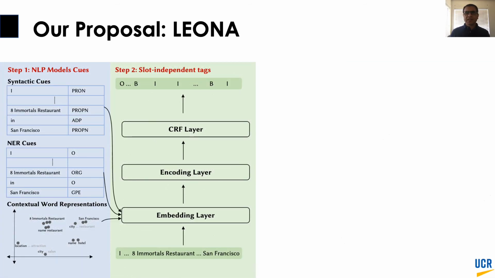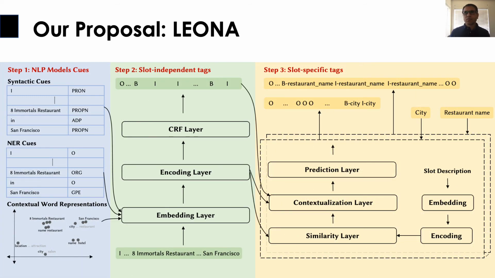To summarize, our proposed model Leona works in 3 steps. Step 1 acquires domain oblivious features. Step 2 fine-tunes these features and produces slot-independent tags. And finally, step 3 employs a similarity function and generates slot-specific tags.